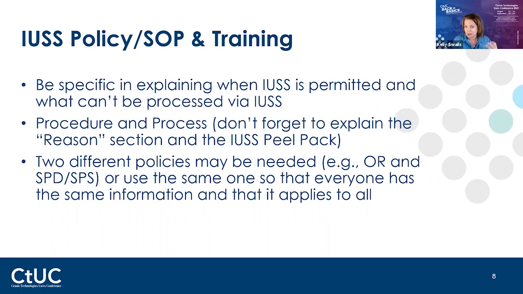And I recommend running the report weekly, just in case someone didn't fill in that reason. You can then go right to them and ask them why while it's still fresh in their mind. And also with the peel pack, make sure that in that notes section, they're listing what it was, so it's fresh in their mind.